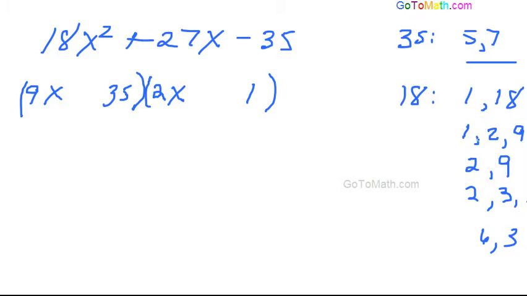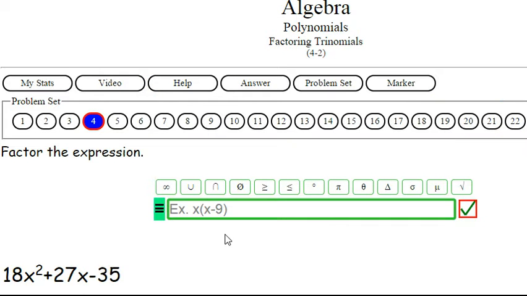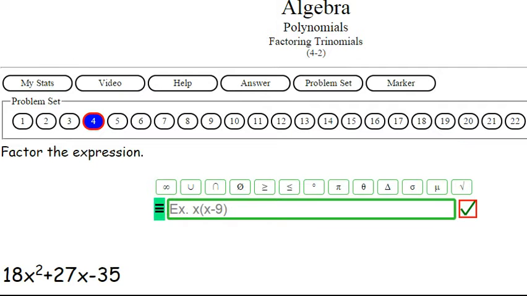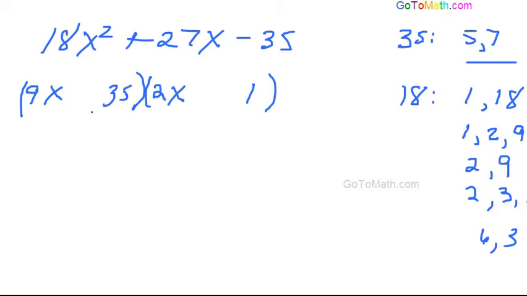Man, this is terrible. Let's see. Oh my gosh. 6 and 3. Back, make sure I wrote the problem down right. 18x squared plus 27x minus 35. Okay, so go back and see if I've done this or not.